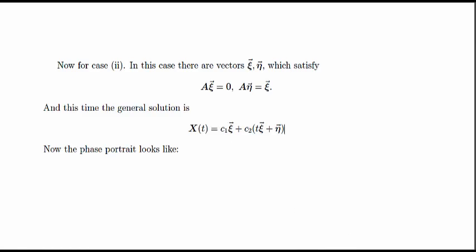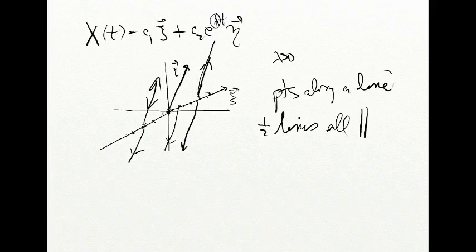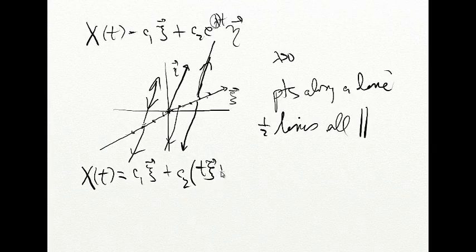And now what does the phase portrait look like? Okay, now the second case, the general solution is x of t is equal to c1 xc plus c2 times t xc plus eta. And what kind of a picture do we get this time?